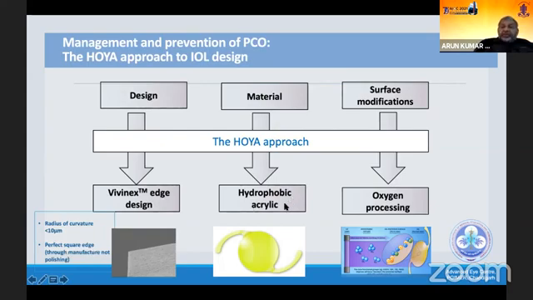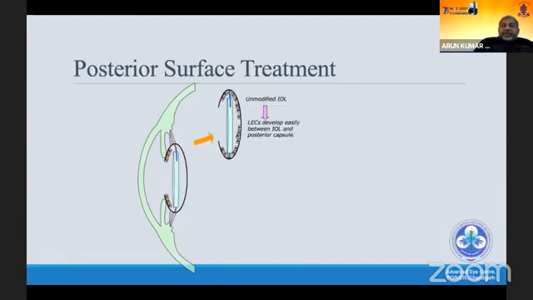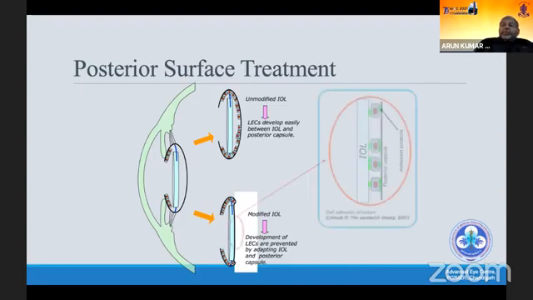And it is a hydrophobic acrylic material, and the posterior surface of this material is ozone treated, which makes it more adherent to the posterior capsule. Because of this adherence, the epithelial cells fail to migrate to a large extent between the lens and the posterior capsule, so there is a prevention of PCO.